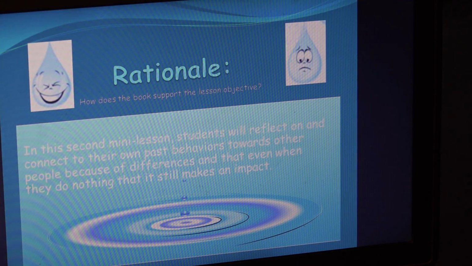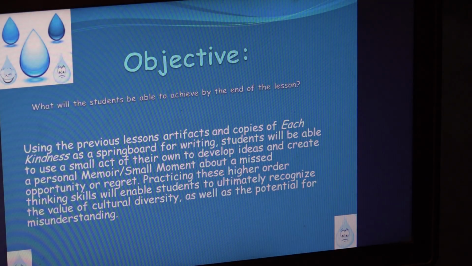The rationale for this lesson was that I wanted to do a second lesson with this book to have students dig deeper and reflect on their own behaviors when they interact with others. My objective was that using copies of Each Kindness, in addition to our artifacts, we're going to write a memoir.